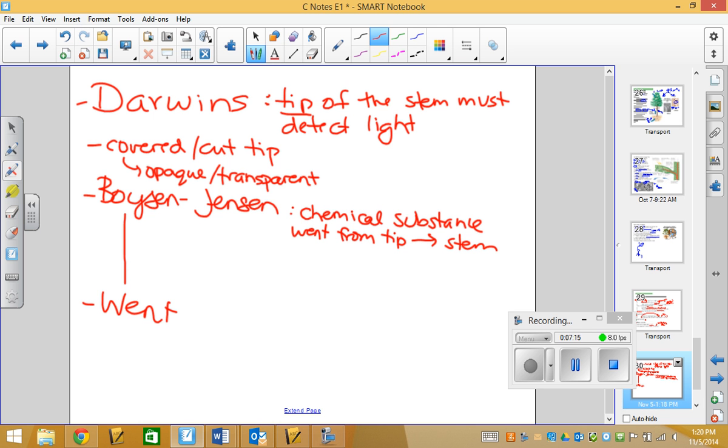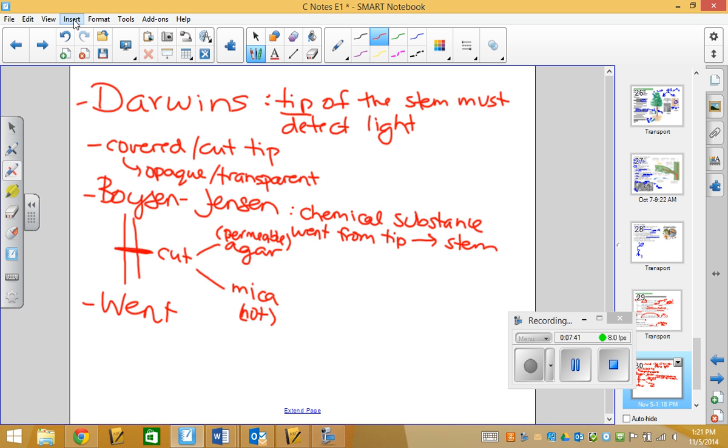They took a plant stem and they cut it. And in the spot that they cut, they tried two different things. They tried agar and they tried mica. Just so that you know, agar is permeable and mica is not. So we know that permeable means stuff can get through.